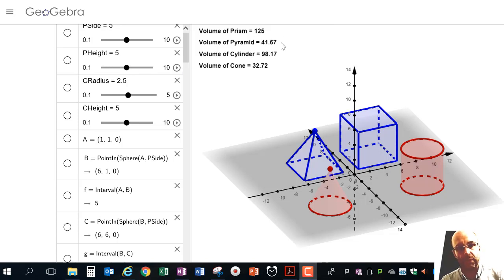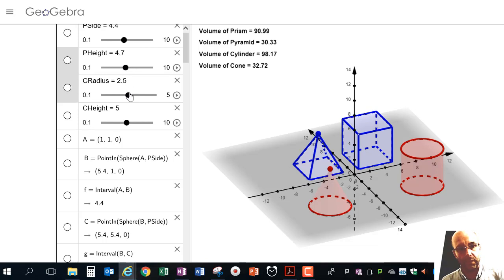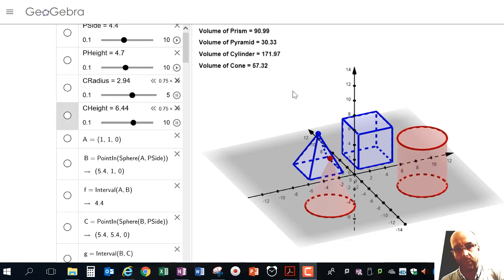The volume of a pyramid with the same base is a third of the volume of a rectangular prism, and the volume of a cone with the same circular base and height has 1/3 the volume of a cylinder. And we can experiment further if we want to, but the relationship comes out the same.